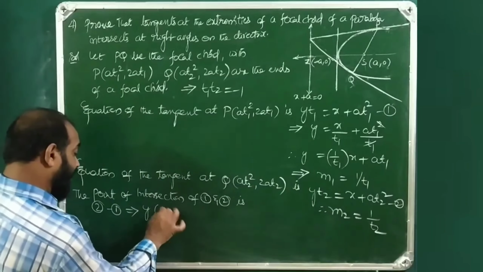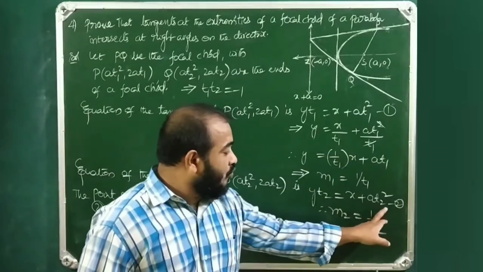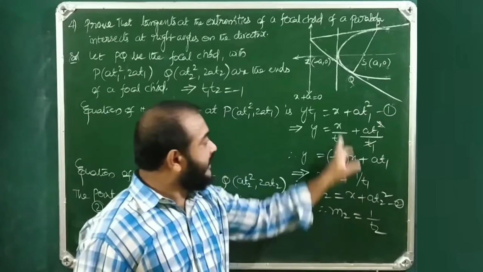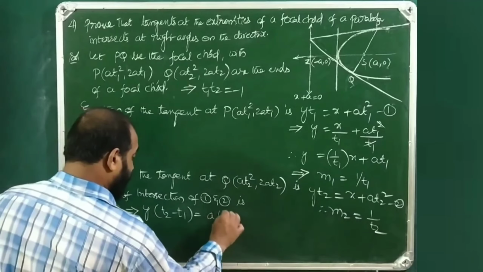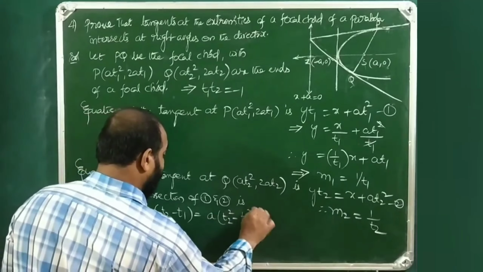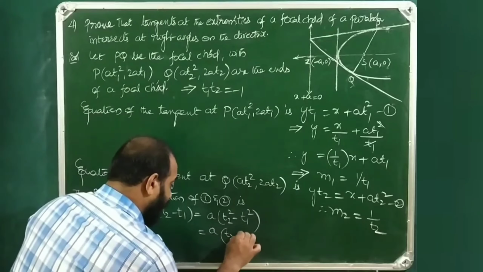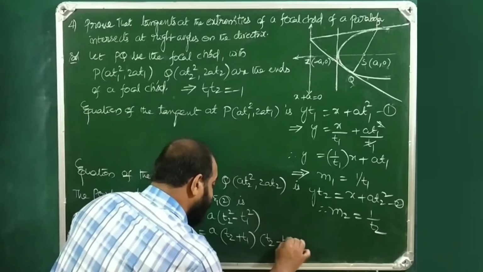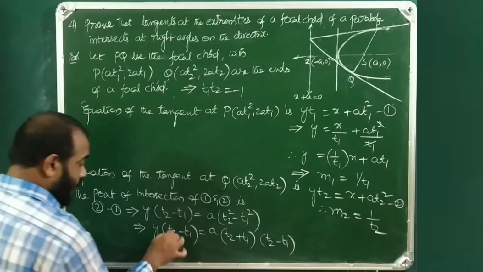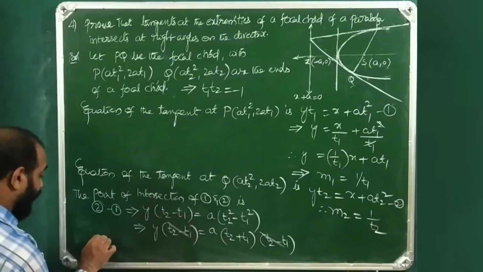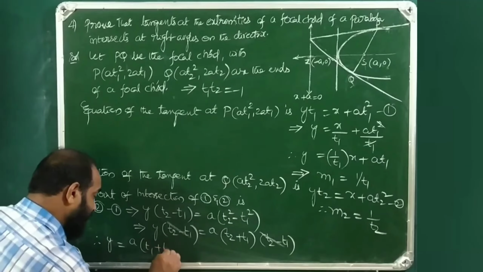So y into t2 minus t1 equals x plus at2 square minus x plus at1 square. x gets cancelled: at2 square minus at1 square. If you take a common, a into t2 square minus t1 square. What is t2 square minus t1 square? a square minus b square, so t2 plus t1 into t2 minus t1. So y into t2 minus t1 equals this, and t2 minus t1 gets cancelled. Therefore y equals a into t1 plus t2.